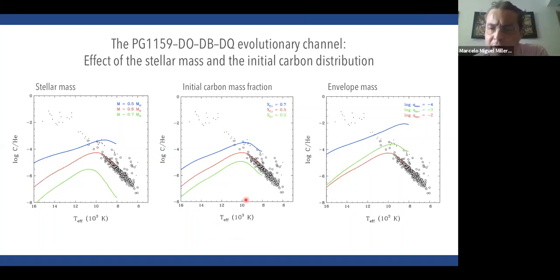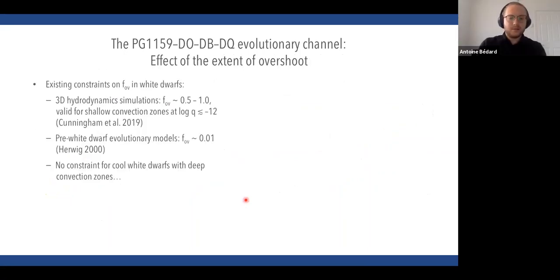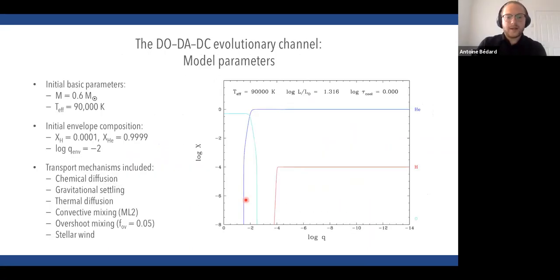Okay, so now Evan Bauer asks another interesting point, whether there is some nuclear burning included in the models, because when diffusion goes so deep inside the star, then it might destroy some of the hydrogen. There's no nuclear burning, but in my initial models, the hydrogen profile stops here at log q equals -4, because here it would burn.